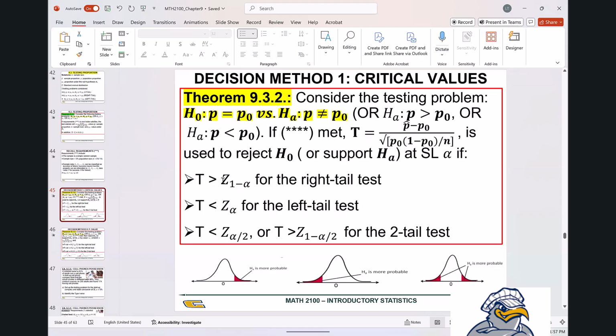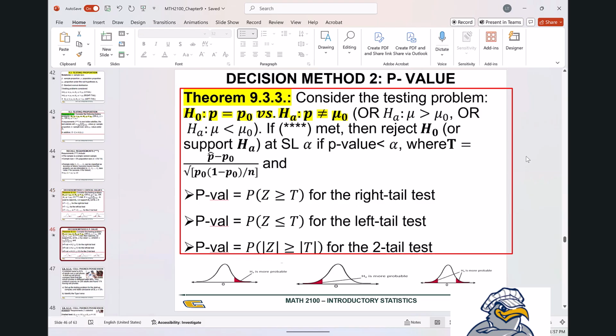And z 1 minus alpha here is just the inverse norm of 1 minus alpha, 0, 1. This is just the inverse norm of alpha, 0, 1, and the same for alpha over 2 and 1 minus alpha over 2. So this is how you make the decision, depending on the test. You can see that instead of the t we looked at previously, now we look at a z.